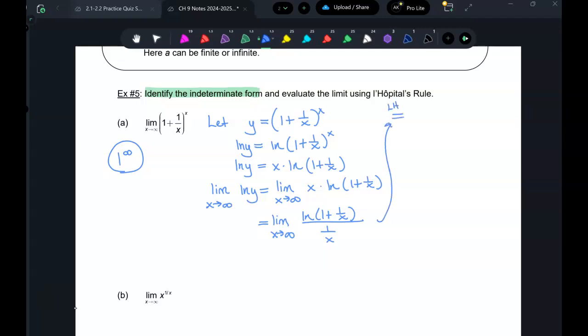So my L'Hopital's rule is going to be ln of y equals 1 over 1 plus 1 over x times negative 1 over x squared, over negative 1 over x squared. Which works out beautifully.